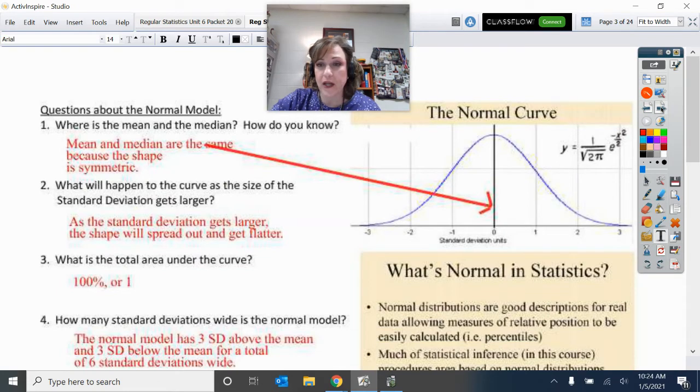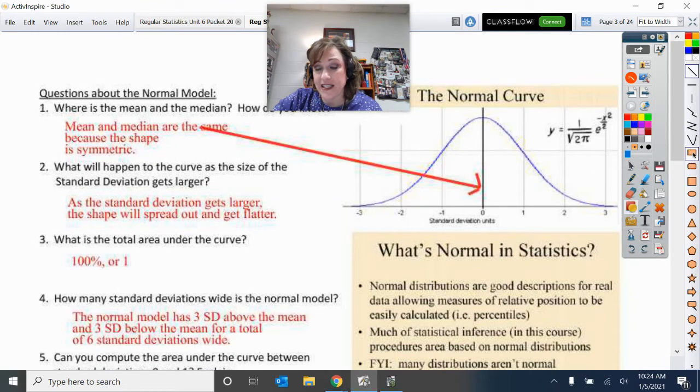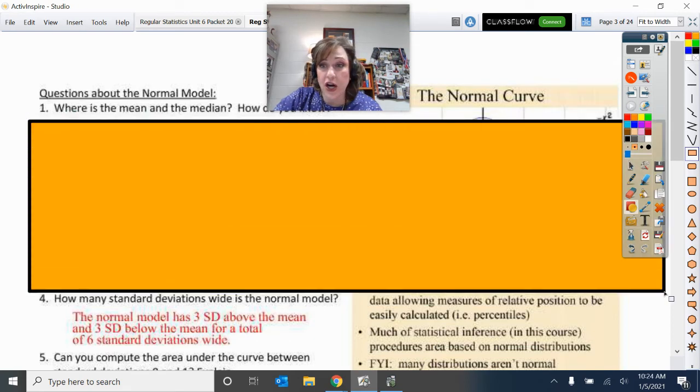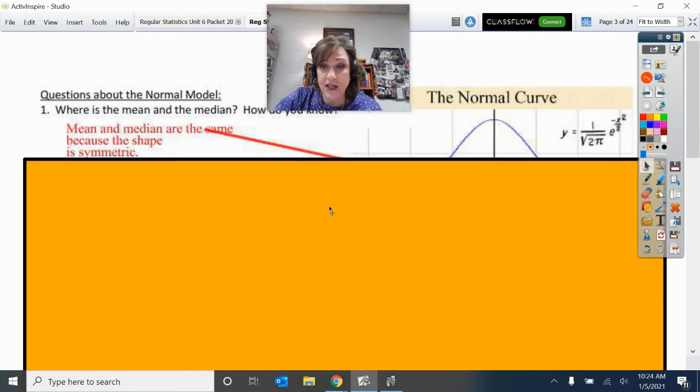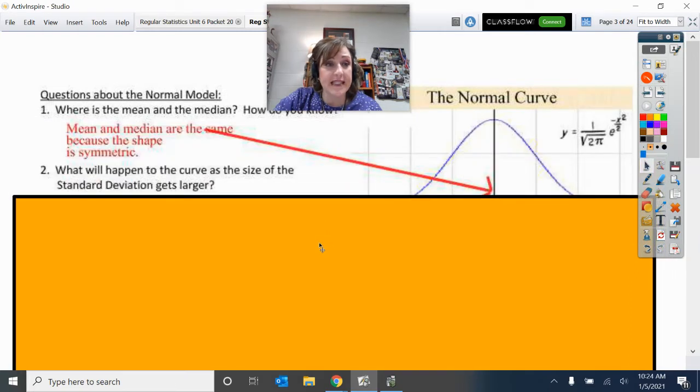Okay, so here we go. Questions about the normal model. Where is the mean and the median? Because of symmetry, those are in the same location. The mean and the median are both going to be in the center.